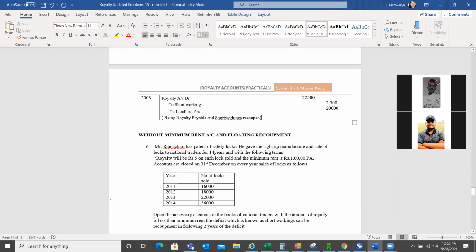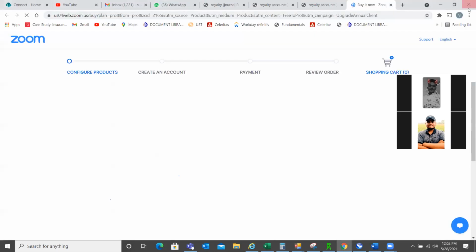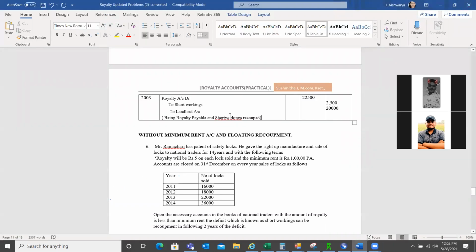Short workings recouped. Already time got over. Okay, so being royalty payable and short workings recouped. So that is what the entry is. Understood, guys?